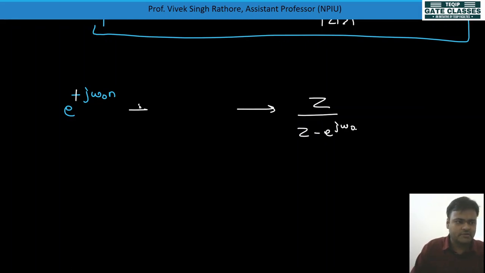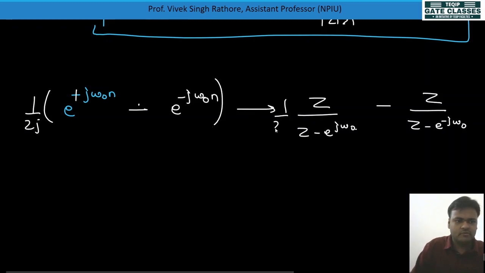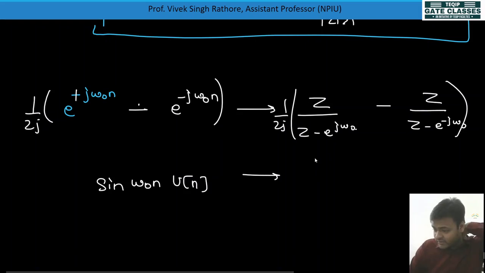And if we take minus e to the minus j omega 0 n, we'll get minus z by z minus e to the power minus j omega 0, and mod z will be greater than 1 only. We multiply by 1 by 2j, so here also 1 by 2j we have to do. So we will get sine of omega naught n u of n, and here 1 by 2j, and we will cross multiply and take the LCM.